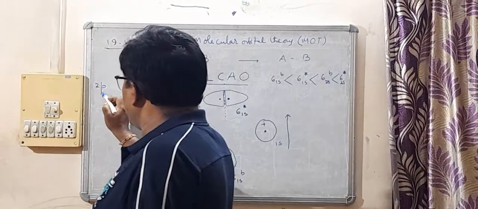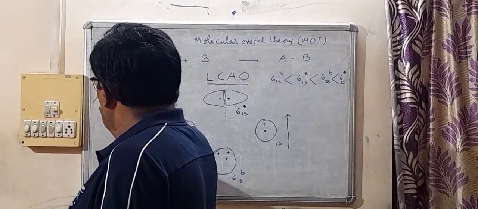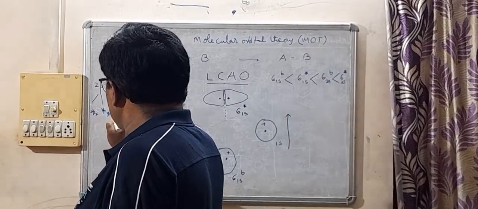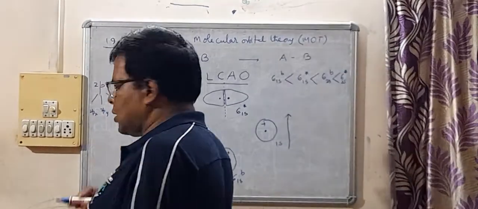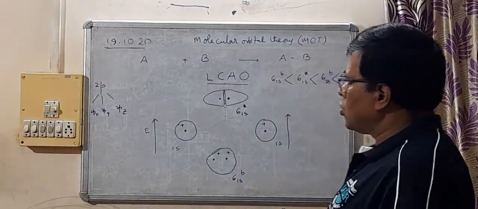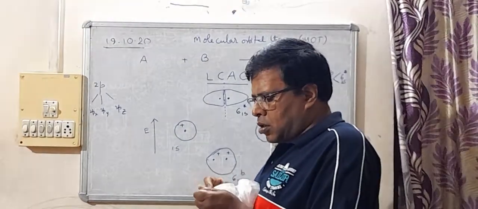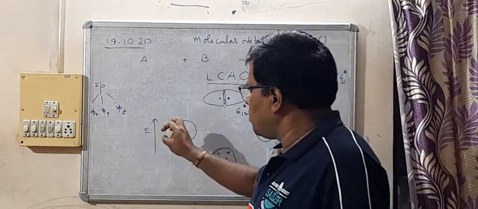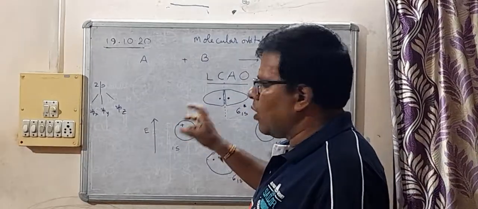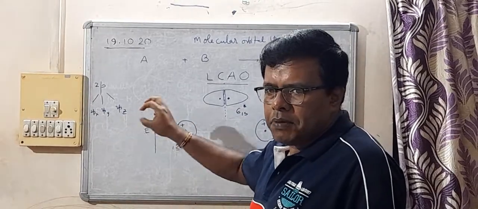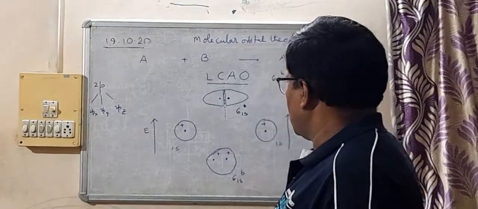Now 2p consists of 2px, 2py and 2pz. So we have to think of combination of pz, combination of py and px.